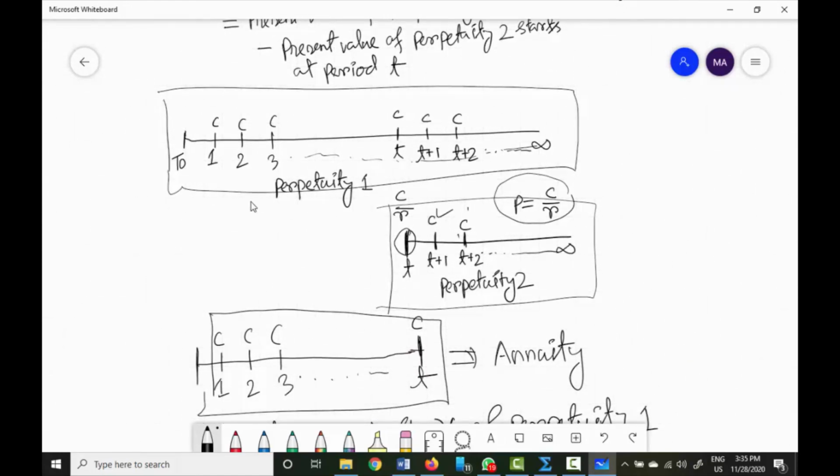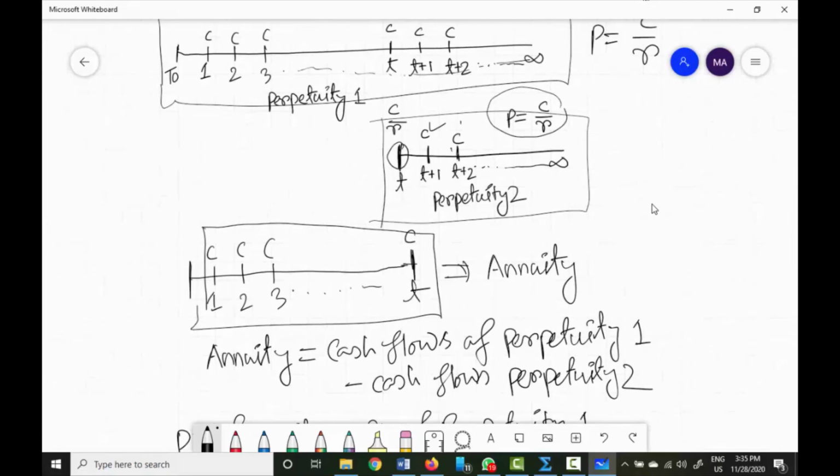This perpetuity 1 has started from period 0, so the present value formula is C divided by R. So the present value of this perpetuity is P equal to C divided by R, that we already know.